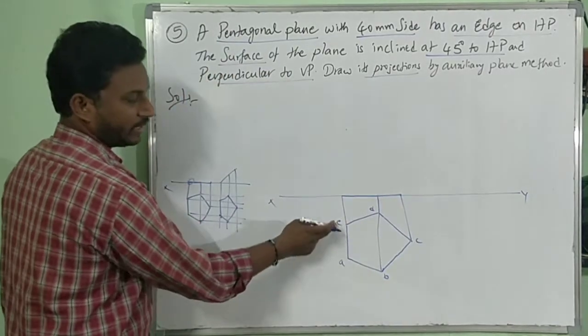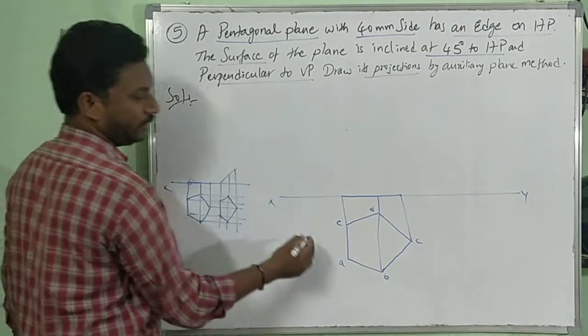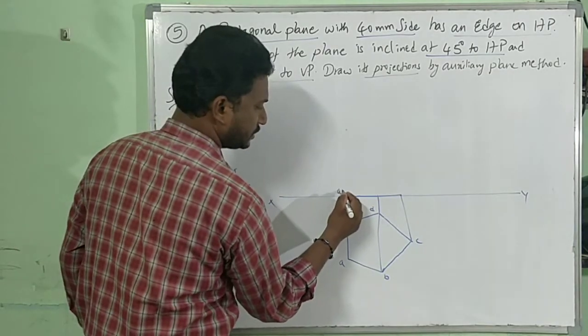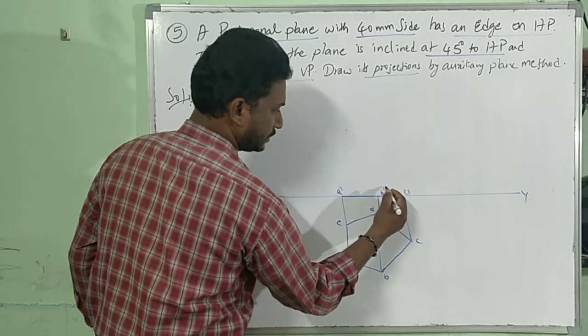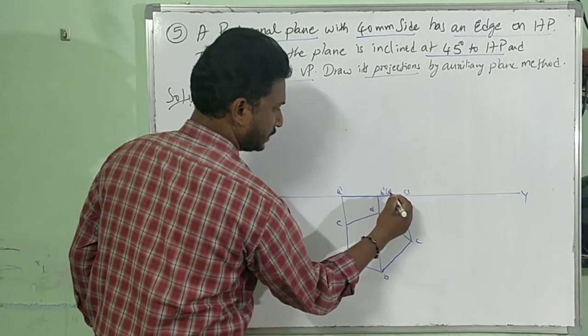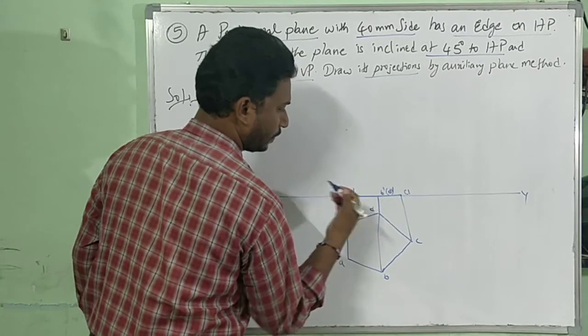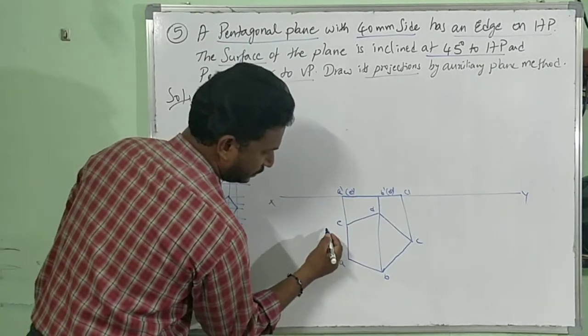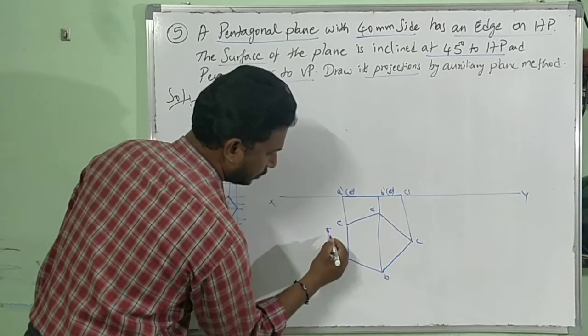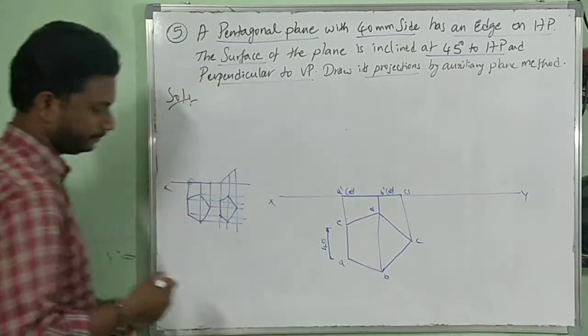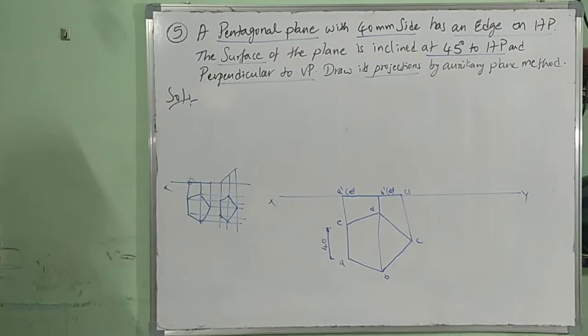One edge is nothing but AE, the edge on HP. So this becomes A dash, B dash, C dash, in brackets B dash. Initial dimension, each side of the pentagon, 40. Up to here, you know it very well.